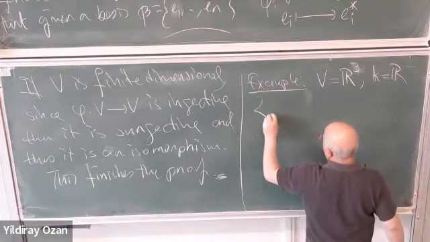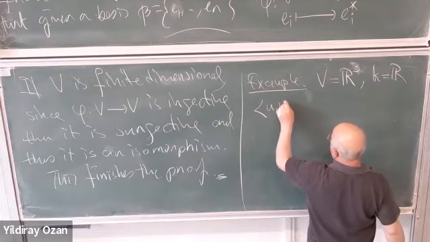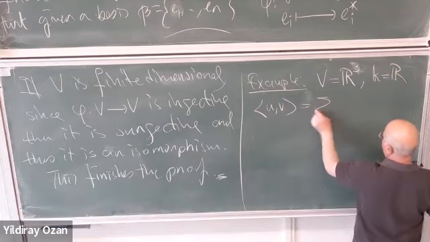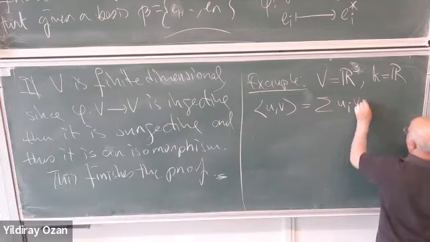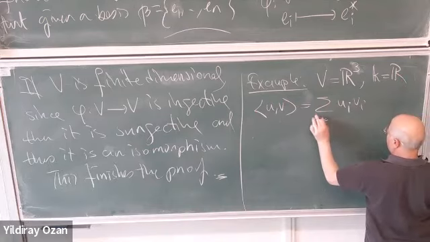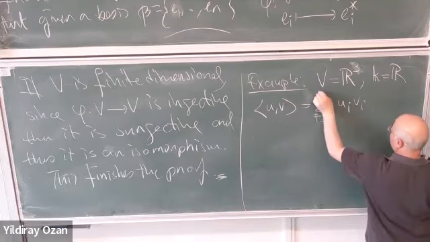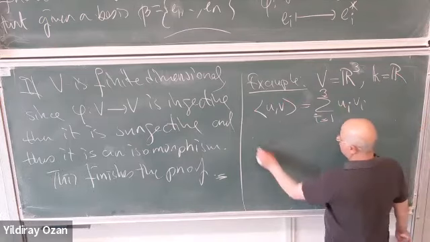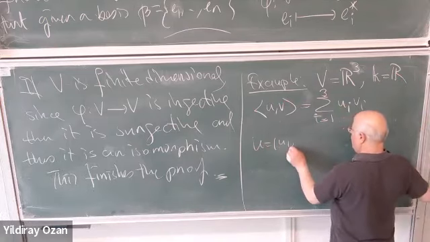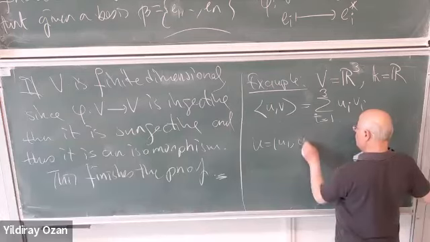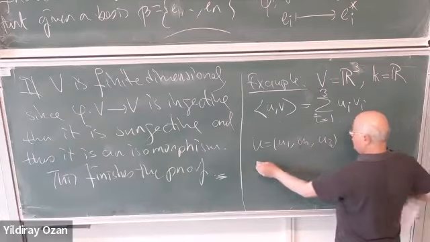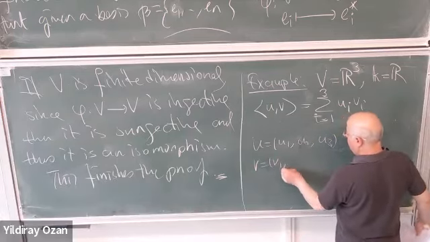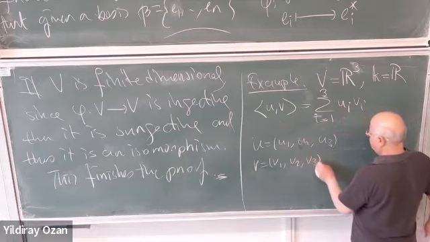So if we have U and V, then this is just the sum of U_i V_i, i from 1 up to 3. So U is U1, U2, U3, V is V1, V2, V3.